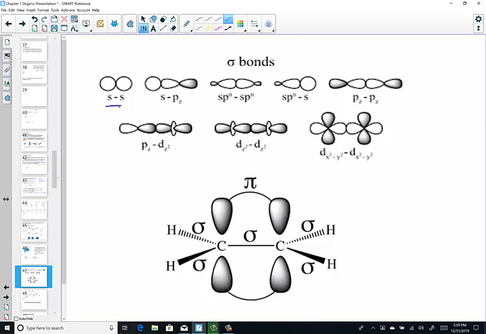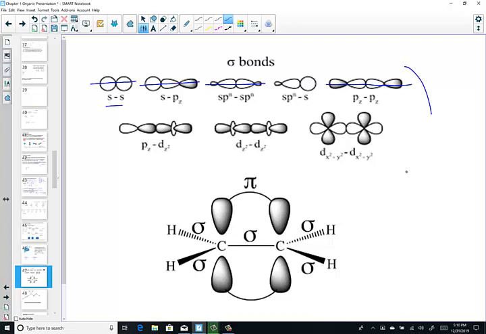And if I draw that a little nicer, here are some examples of sigma bonds as I tried to draw an S-S. It's two spherical shapes overlapping in the same electron density as the x-axis. Here's an S-P. Here would be a P-P. Notice that even two P clouds could also overlap head to head along the same internuclear axis.